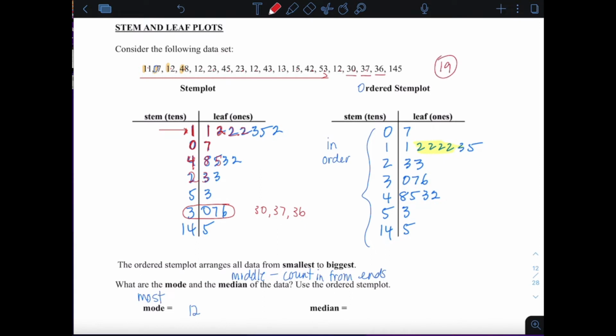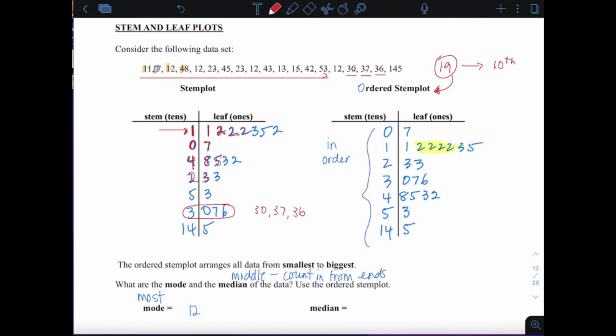I would have to look at my ordered stem plot, because when it's in order, it'll tell me what number appears exactly in the middle. And in the middle of 19 is the 10th position. The 10th position has 9 numbers below it and 9 numbers above it.